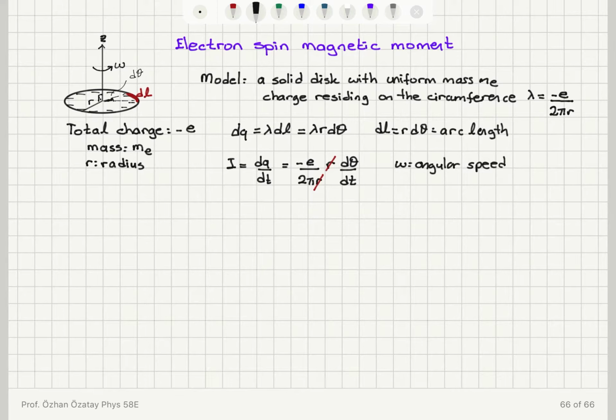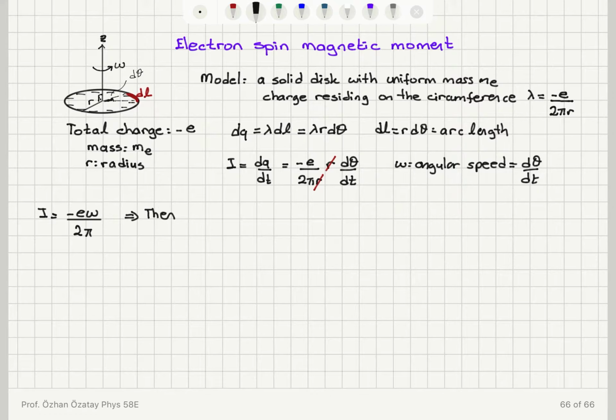So I find that the current that flows is going to be given by minus e omega divided by 2 pi. So this is the current that is flowing as the disk rotates about the z-axis.